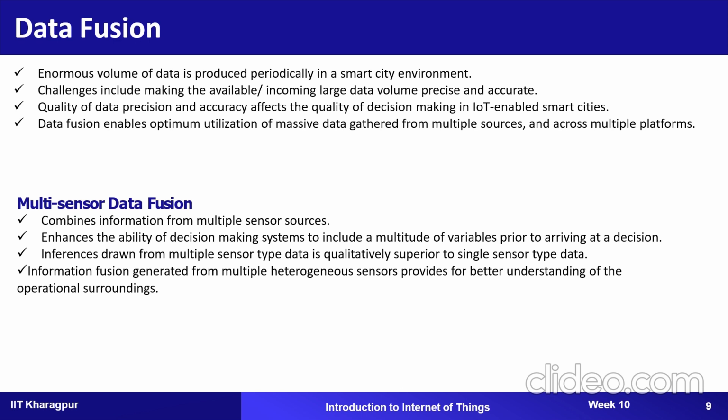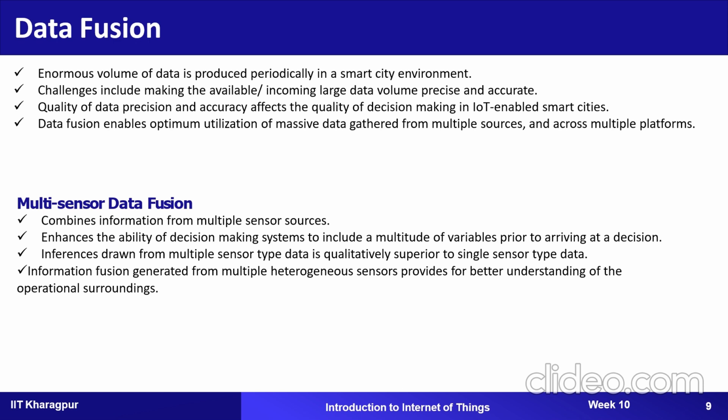But if you are using multiple sensors at the same time and one particular sensor is faulty, then by fusing the data from all the sensors, we can consider the data of that faulty sensor as an outlier and neglect it. By fusing the data from the other sensors, we can generate a more efficient decision as compared to the previous case.